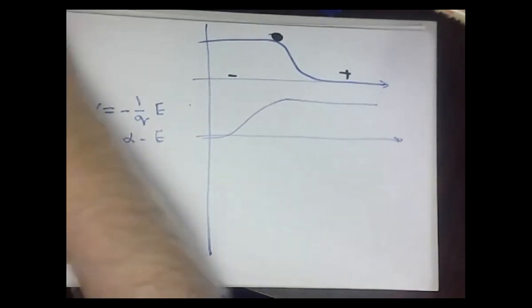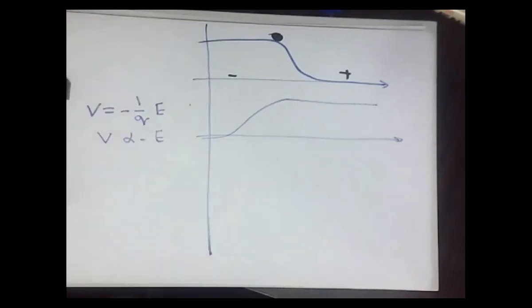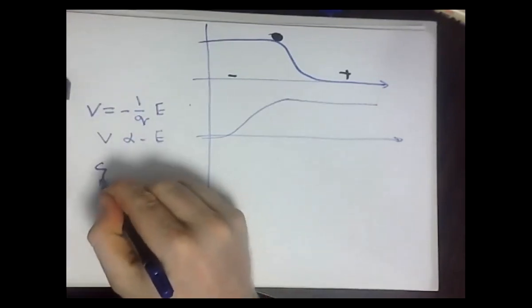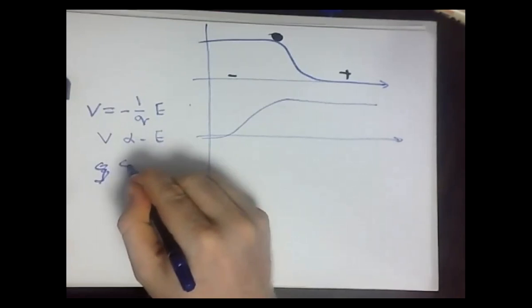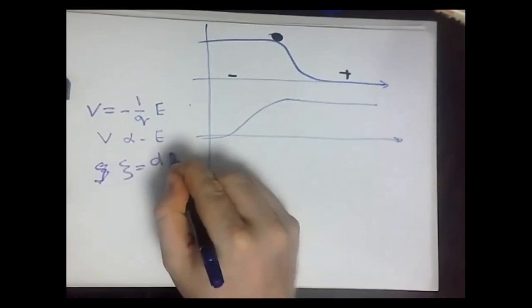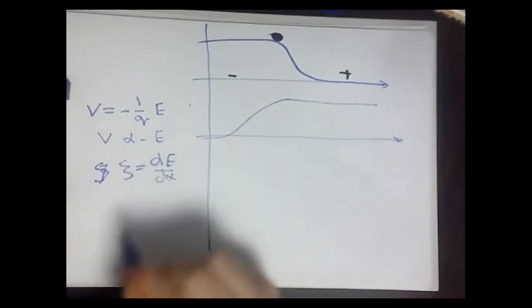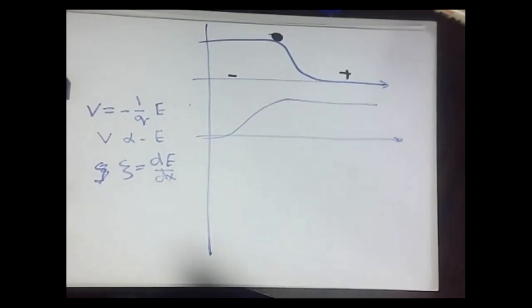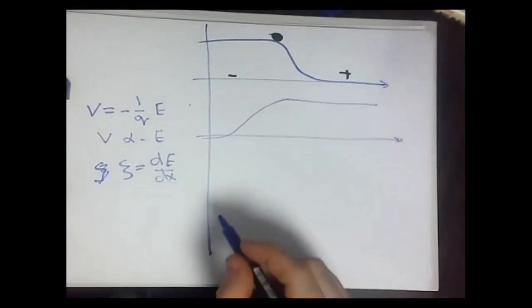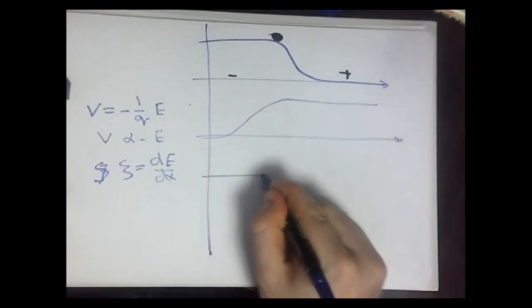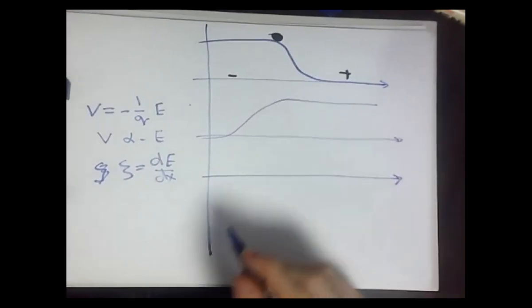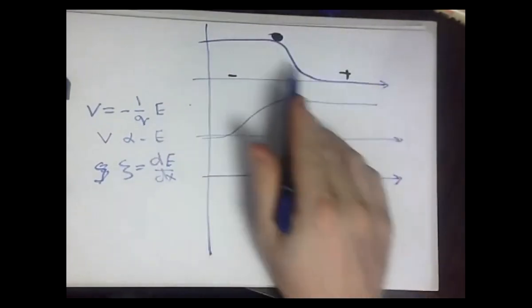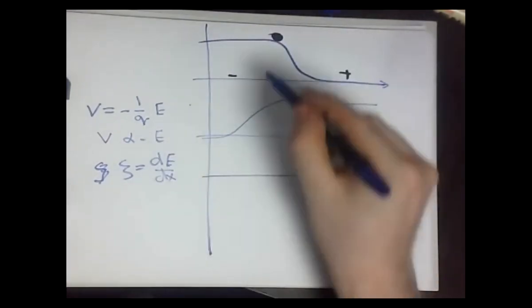So the next part is to plot the electrical field. The electrical field, my dear students, is eta, equals partial E by partial X. So what I'm going to do, very simply, is plot the electrical field. As you can see in the electrical field plot, I can divide this into three regions.